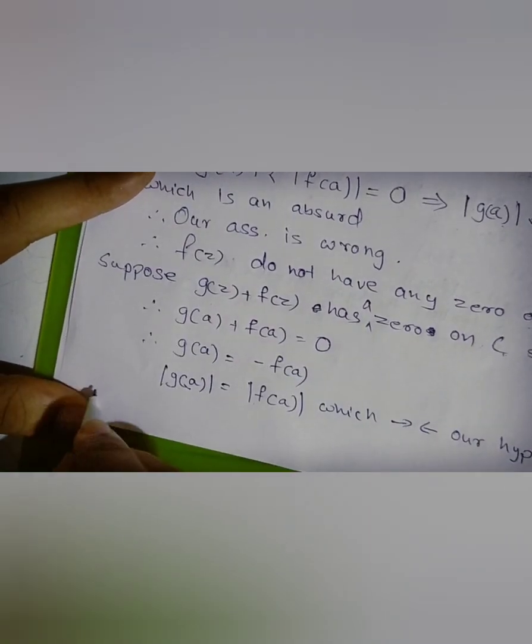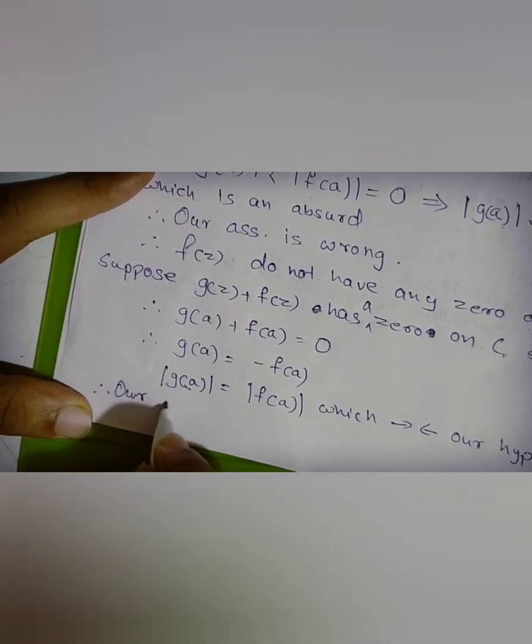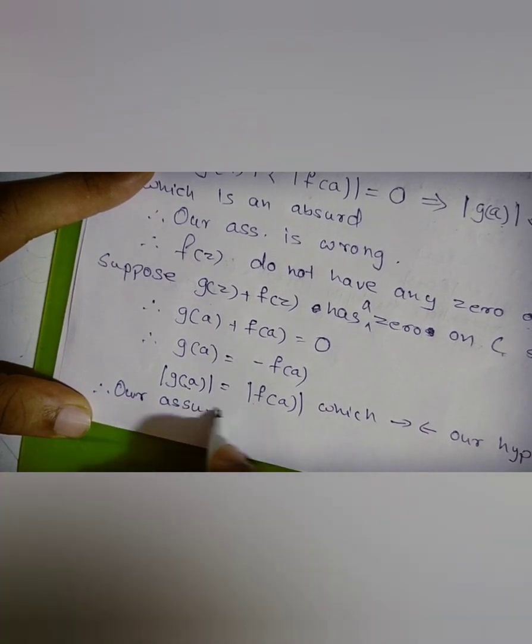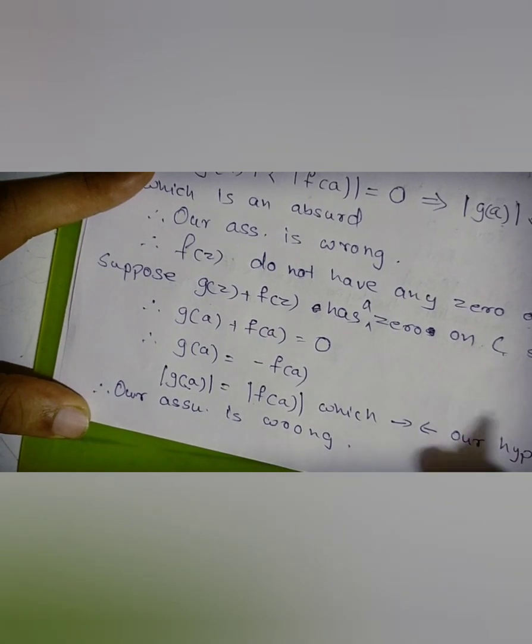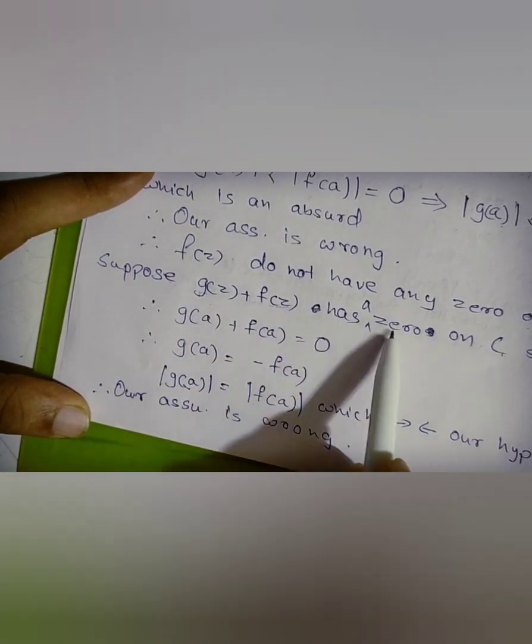So we can say therefore our assumption is wrong. What did we assume over here? We supposed that this function has a 0 on C.